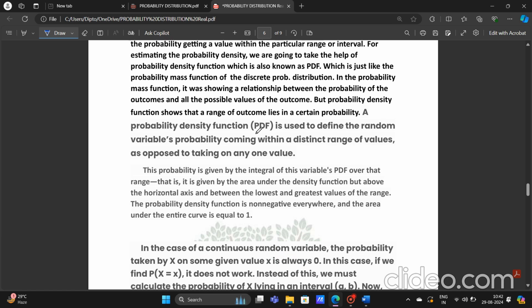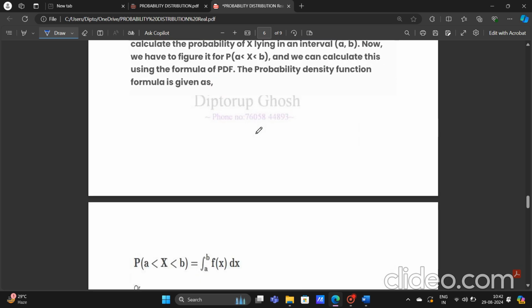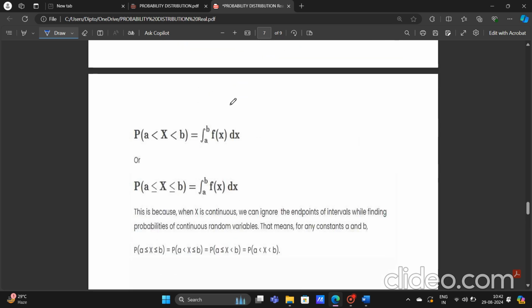The probability of x lying in the range of a and b is mathematically represented as the integration from a to b of f(x) dx. That's how the PDF is written. Now, how to graph the probability density function, I will discuss in the next part. We will continue about it.